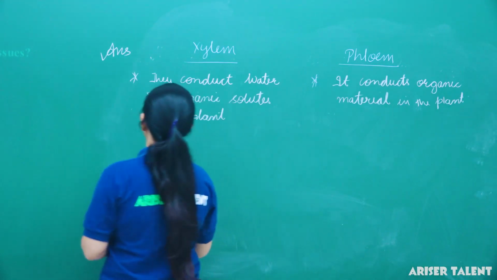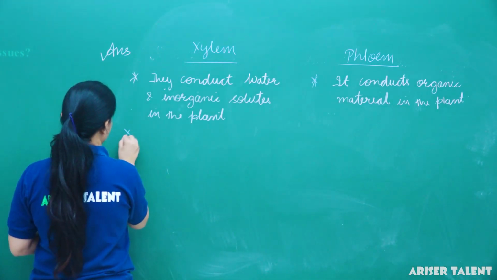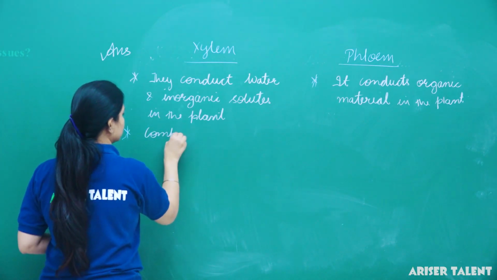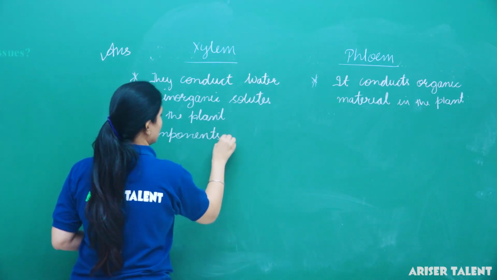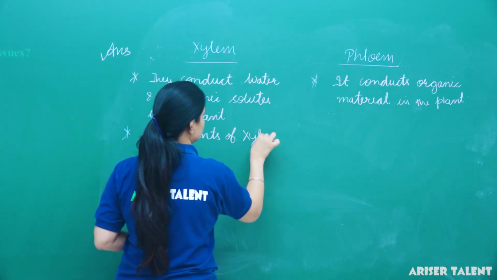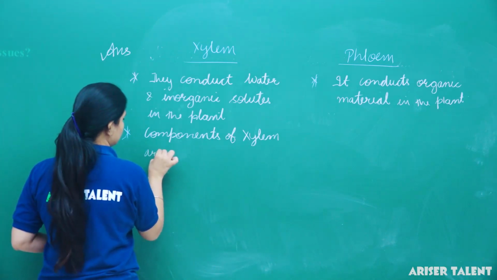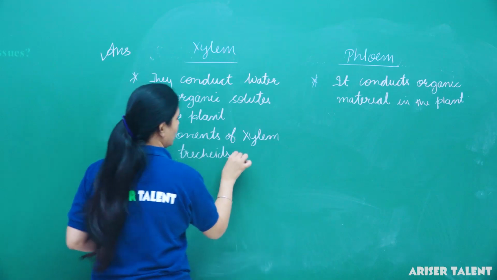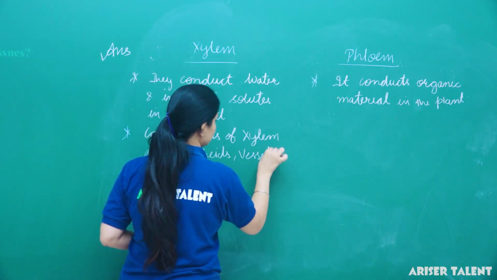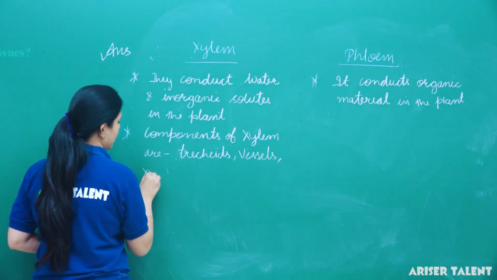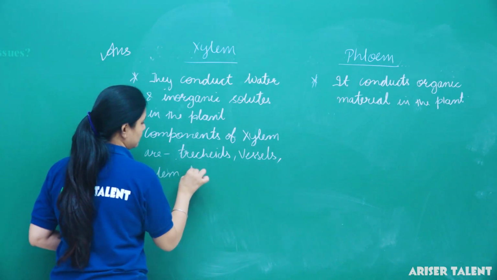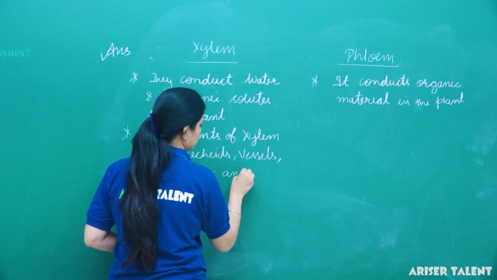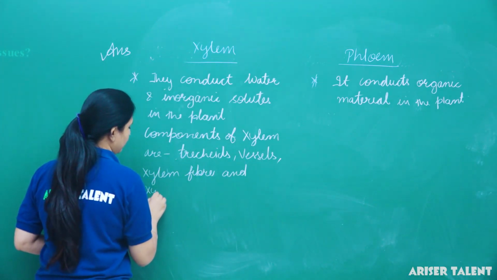They are made up of components. The components of xylem are tracheids, vessels, xylem fiber, and xylem parenchyma.